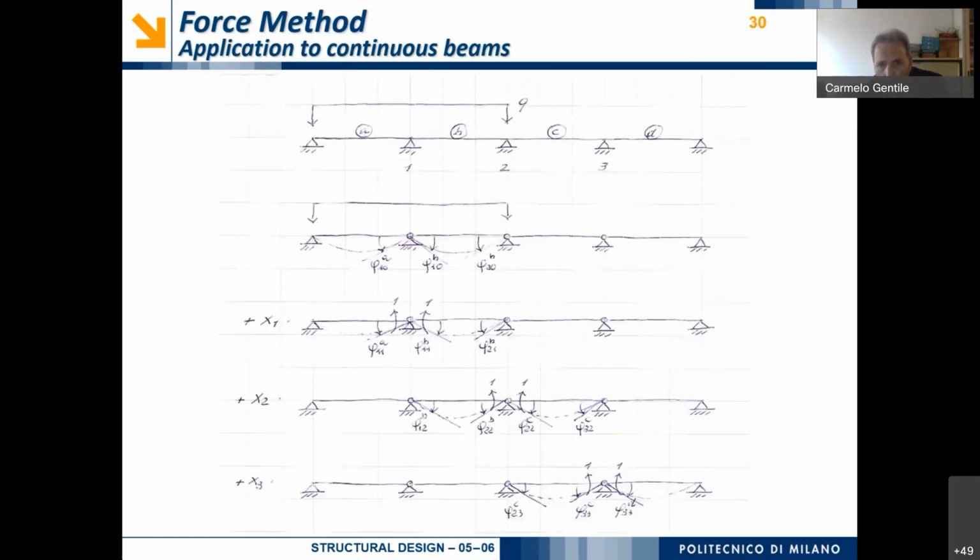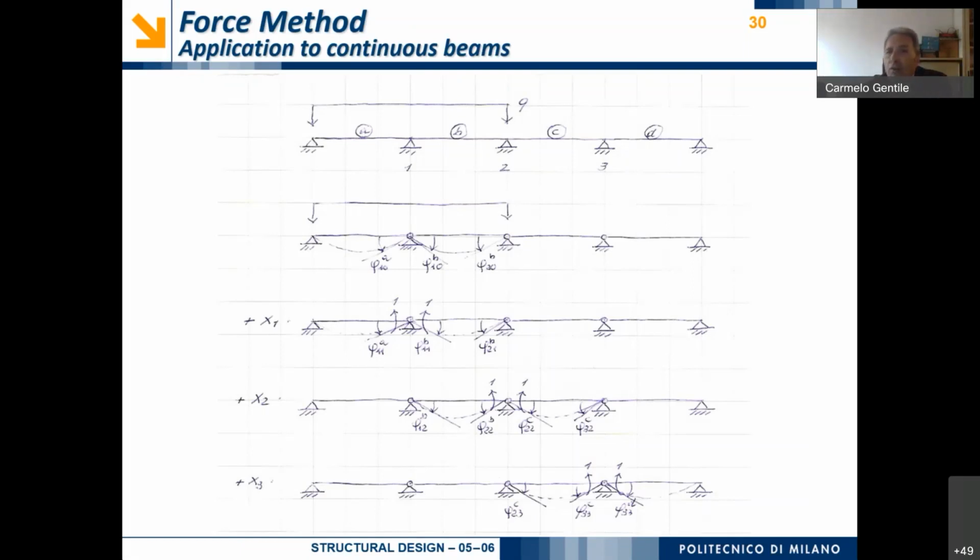Okay, so now let's look at a more complicated beam. In this more complicated beam, we have basically 3 intermediate supports. But of course, we can also consider a continuous beam with 27 intermediate supports.